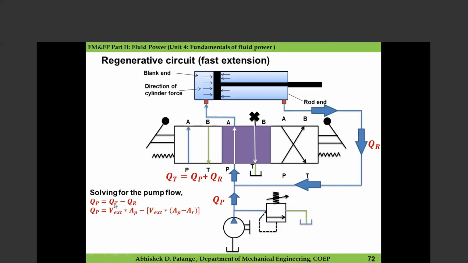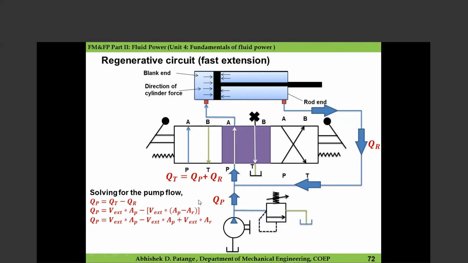Let us replace this QT with velocity of extension times area of piston, because the total discharge supplied at the blank end is velocity of extension into area of piston, minus this QR. Now this QR is based on two parameters: the area of the rod end, which is AP minus AR, and the velocity of extension.